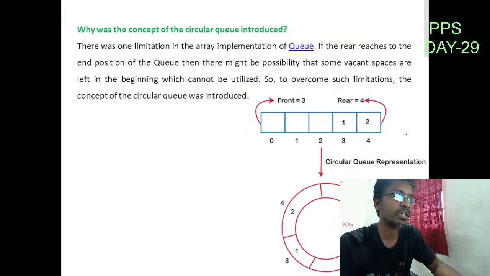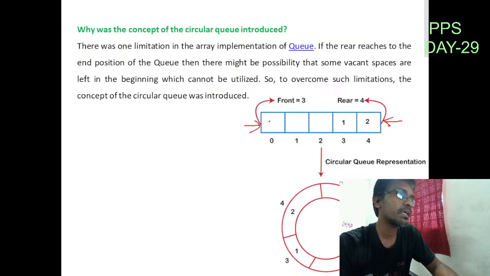In a queue, the insertion operation takes place through the rear end, and the deletion operation takes place through the front end.